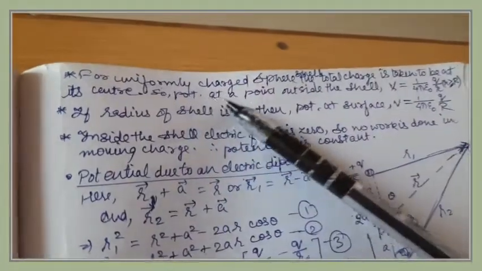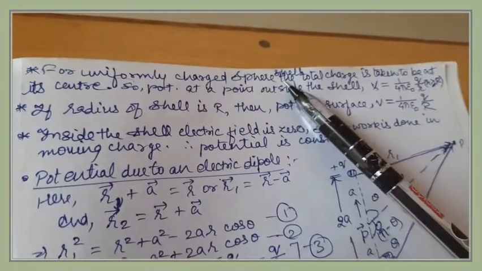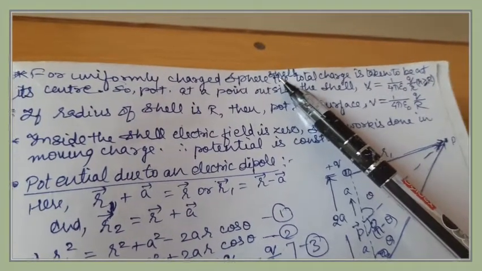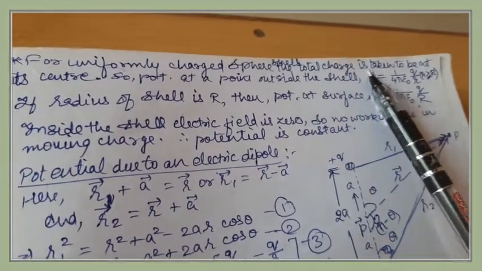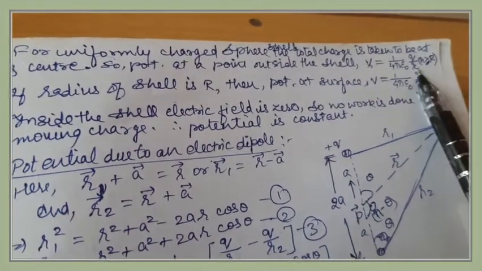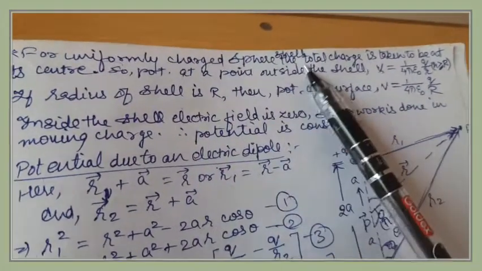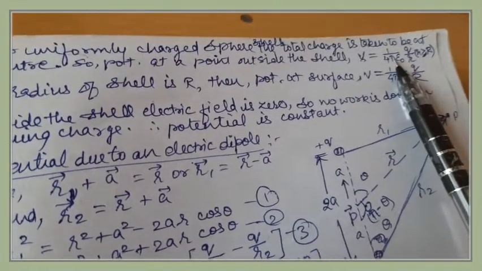Now this was for a random distribution of charges. If we have a uniformly charged spherical shell, like we were using in the last derivation of the application of Gauss law, then the total charge is taken to be present at the center. The potential at any point outside the shell is given by 1 upon 4 pi epsilon naught q by r.